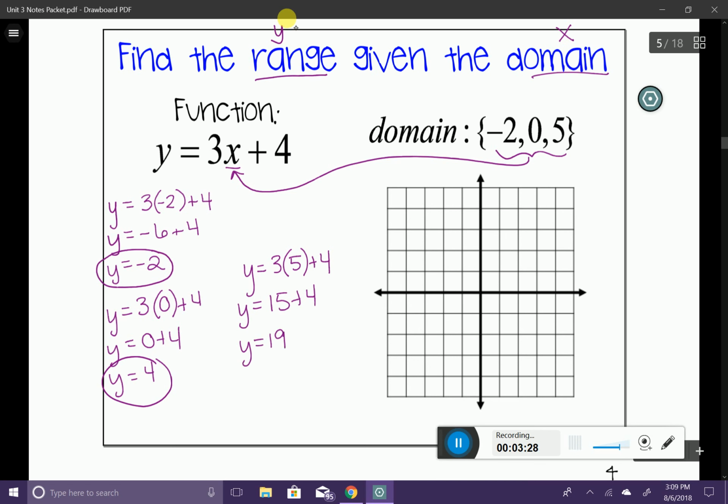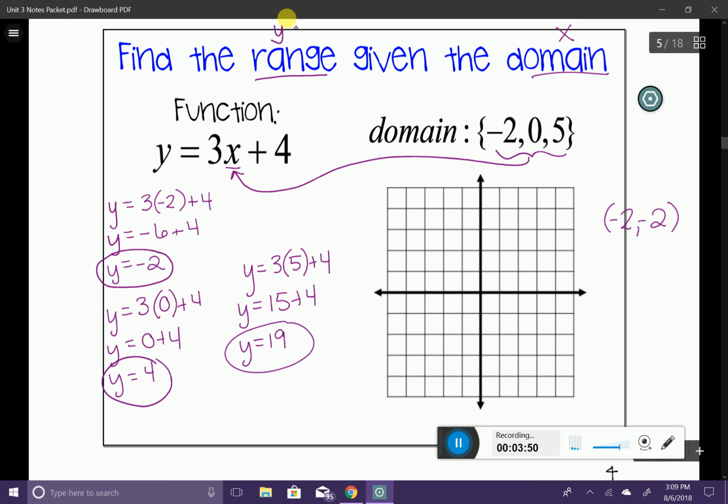Okay? All right, great. Now that we have these values, what I want to do is show you what it looks like on the coordinate plane. The first coordinate that I have is -2 as my input value, and -2 as my output value.